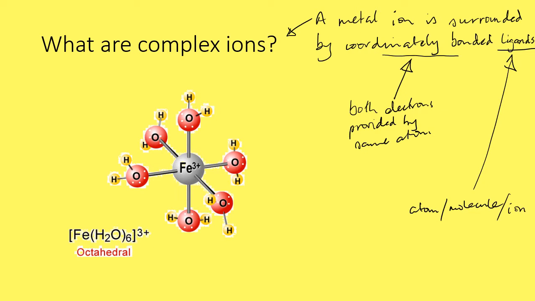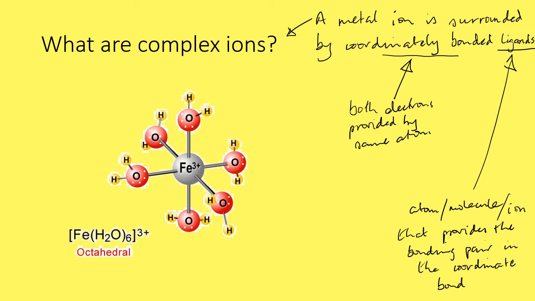So it's either an atom, a molecule, or an ion that provides the bonding pair of electrons in the coordinate bond, from one of its lone pairs. And the ligands surround what's usually a metal ion.